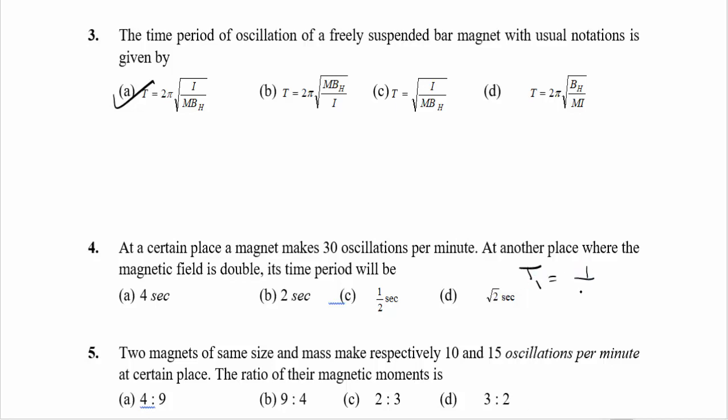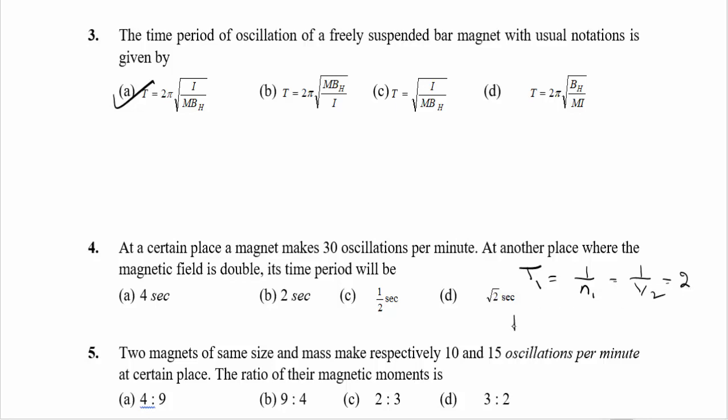It is 1 by n, 1 by 30 oscillations per minute. 30 oscillations per minute means half oscillation per second, so the time period T1 is 2.